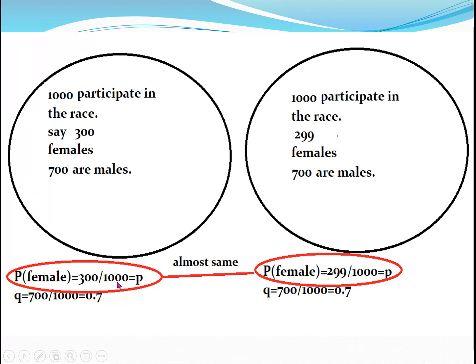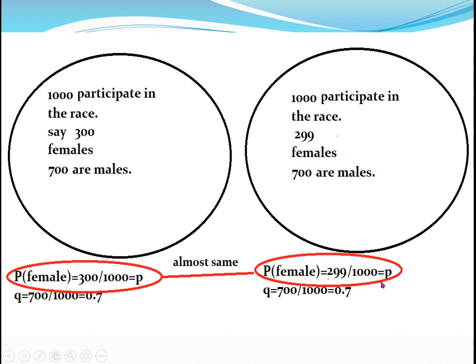Now assuming that whichever female won the first marathon is set aside and the marathon is again organized, then we are left with 299 females and 700 males. So the probability of female will be 299 divided by, this is a typo, it shouldn't be 1000. So 299 divided by 999.